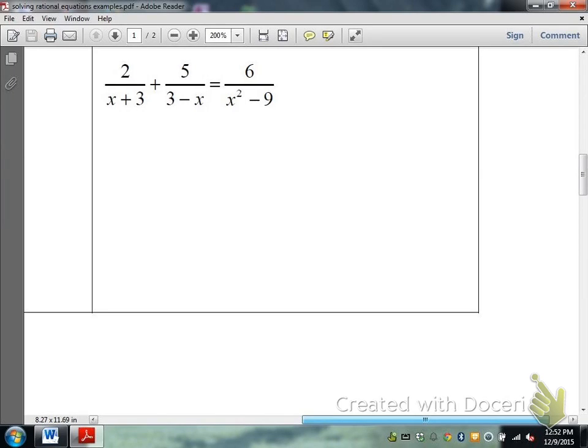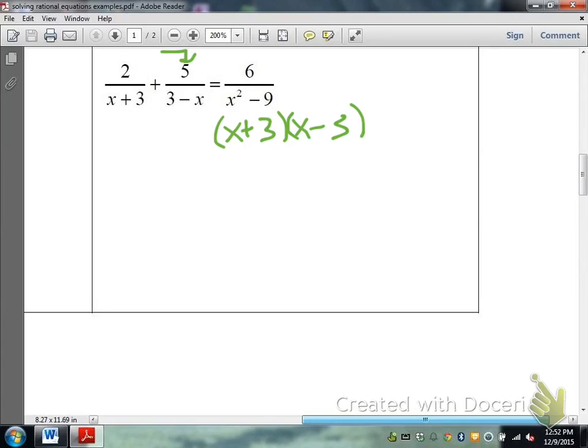All right. We need to find the LCM, which means we need to factor everything that we can. So that means we need to factor the x squared minus 9. Now, notice that this term right here almost appears to have x minus 3 for the denominator.